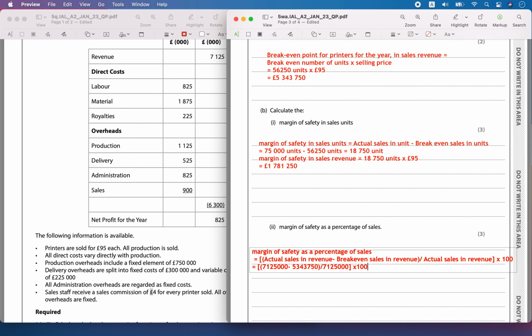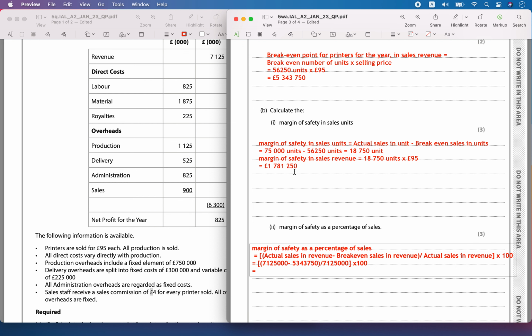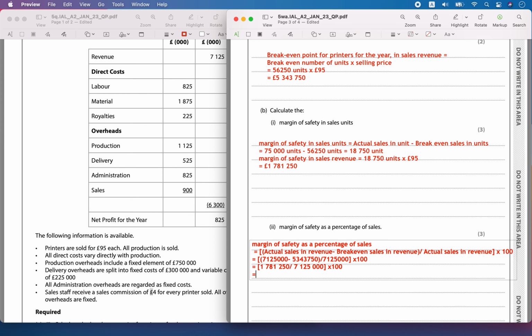So that is nothing but 1,781,250 divided by 7,125,000 times 100. That is equal to 25%. So this is the margin of safety as a percentage of actual sales.